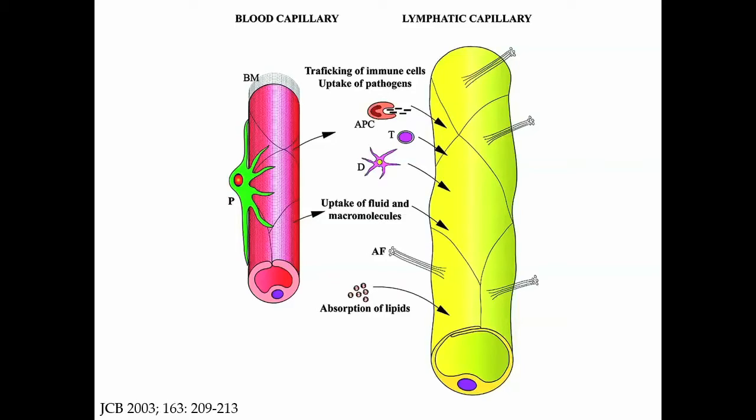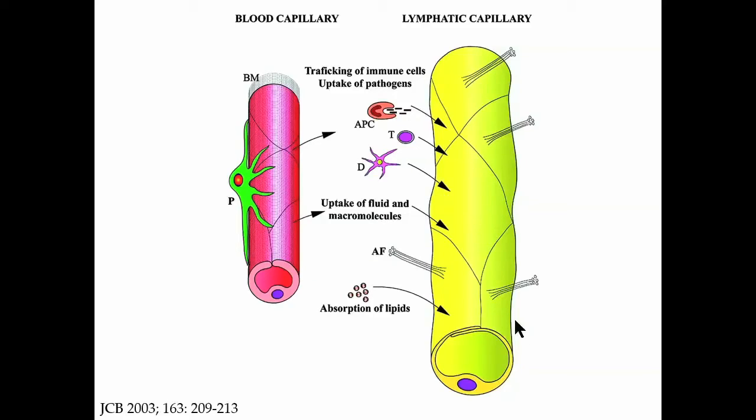So I showed this slide yesterday, I believe, and it illustrates the difference in structure between a blood vessel and a lymphatic vessel. Just briefly to review, the blood vessel has a continuous basement membrane, and it is characterized by the presence of adjacent pericytes, in contradistinction to the lymphatic vessel, which has a discontinuous basement membrane.